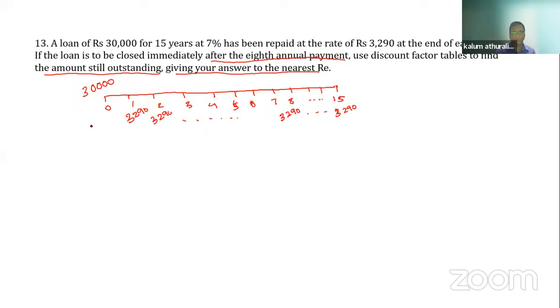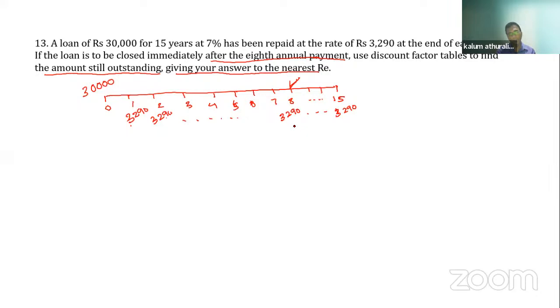But the person wants to finish this loan after paying 8 annual payments. After the 8th year, he wants to finish it. He paid the first payment, second, third, up to the 8th year. Then the 8th payment he made.